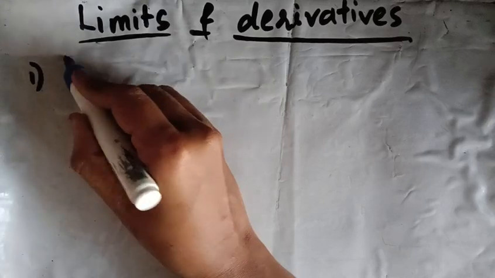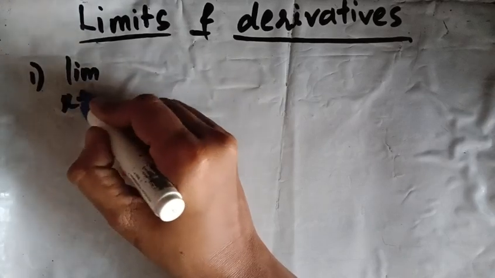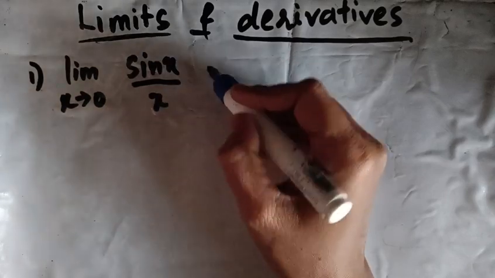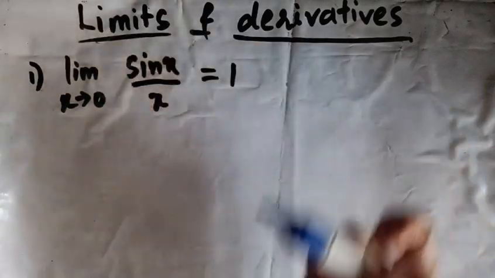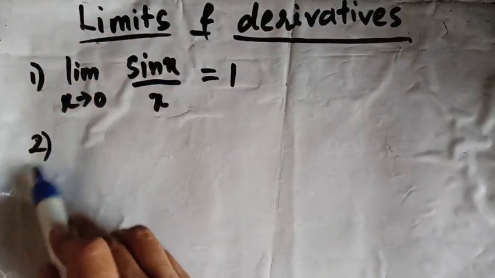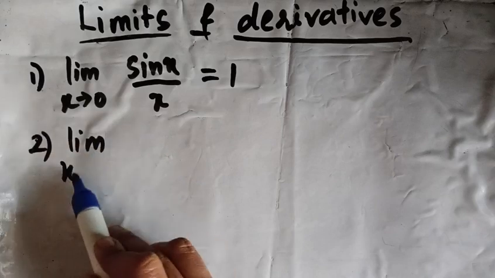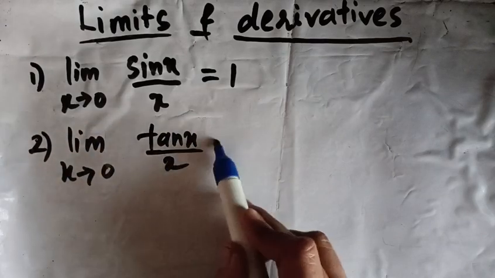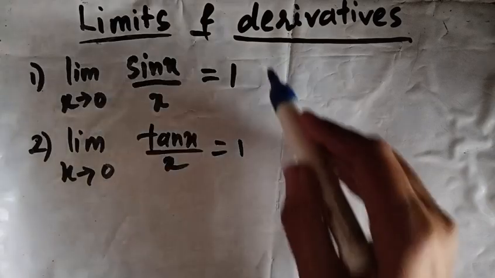So first is limit as x tends to 0, sine of x upon x is 1. Same way, limit as x tends to 0, tan of x upon x is 1.